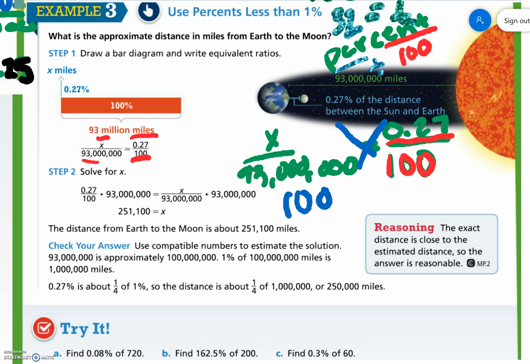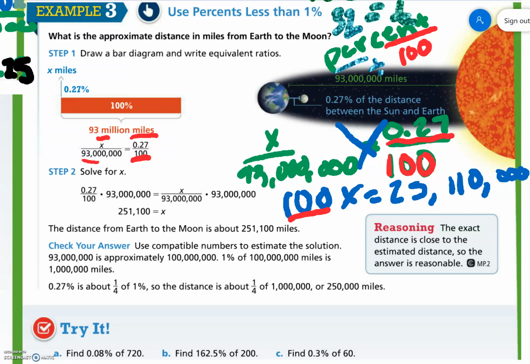We get 100x equals, now in my calculator, I take 93 million and multiply it by 0.27 to get 25,110,000.